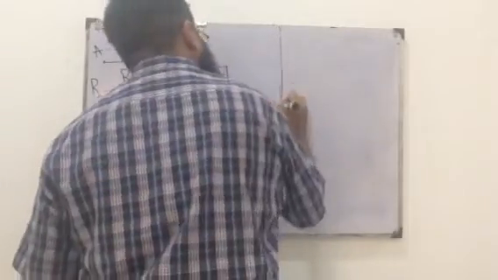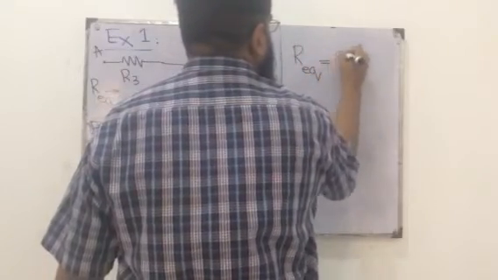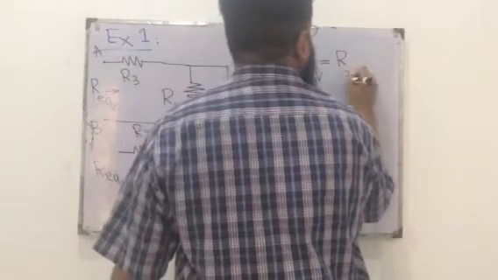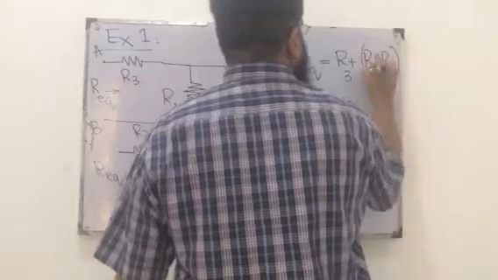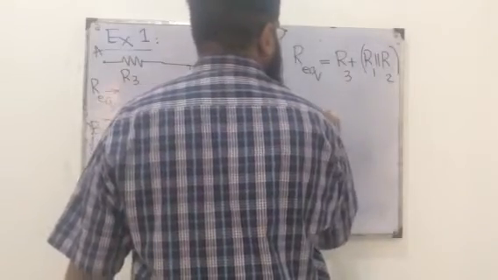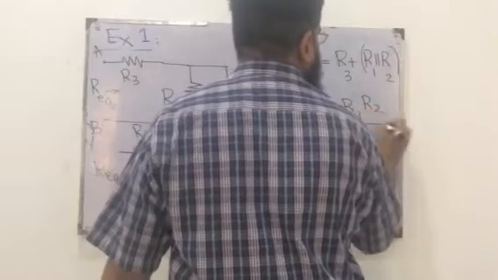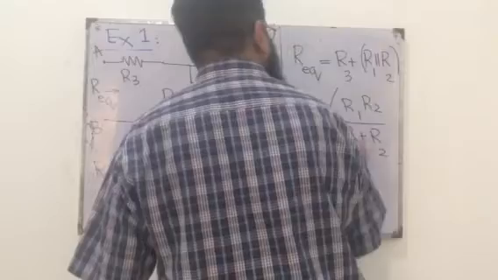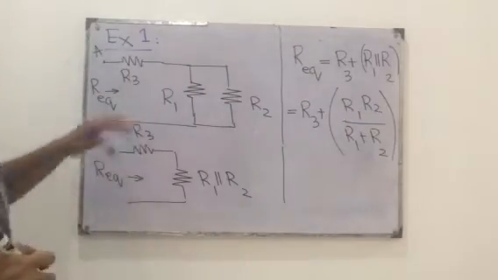So R equivalent is now R3 plus the parallel combination of R1 and R2. The parallel combination can also be written as R1 R2 over R1 plus R2. So this whole plus R3 is R equivalent for this circuit.